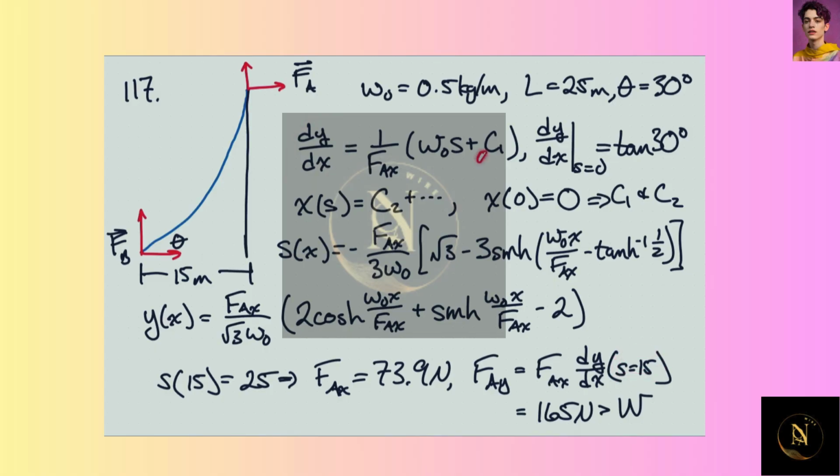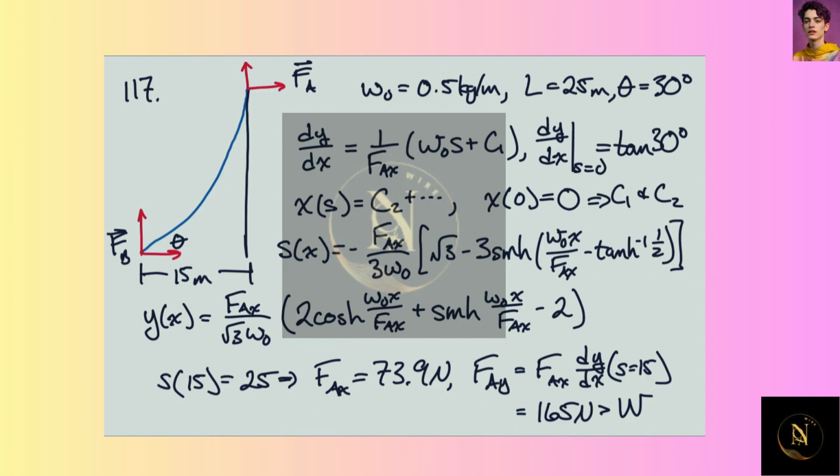So we know x, we know FAX, we know C1. We can plug in s equals 15, we know W naught, and we can find that this force here is 165 newtons.